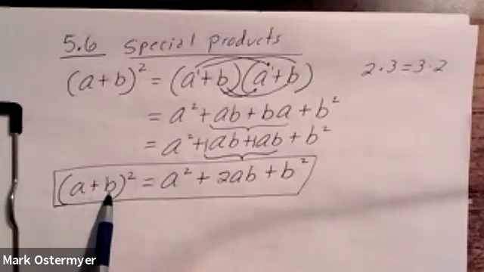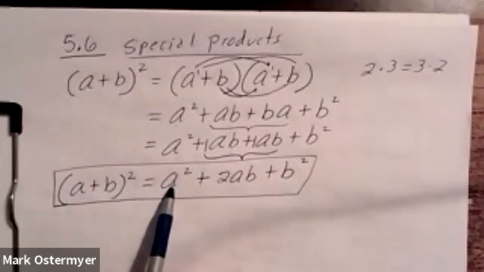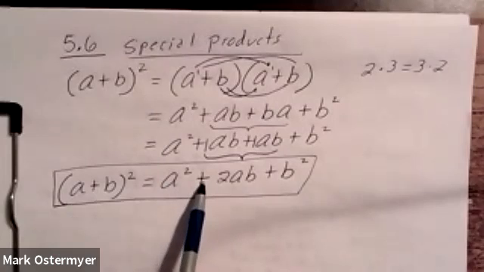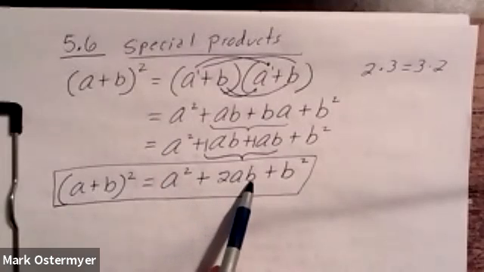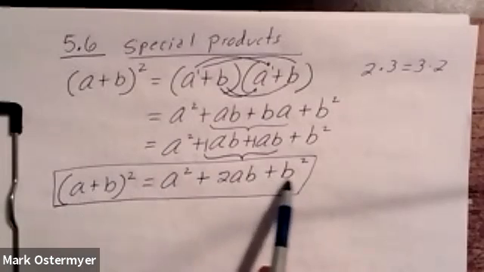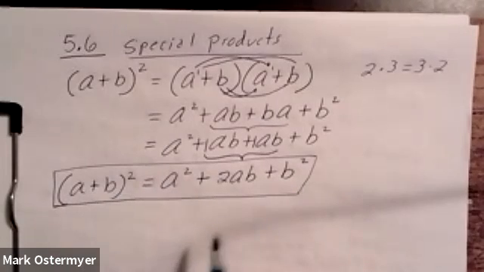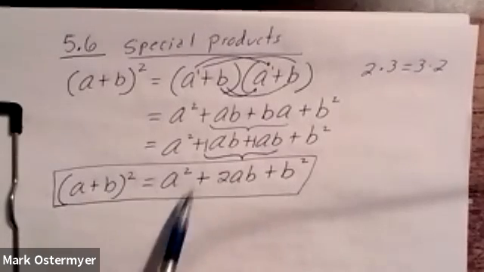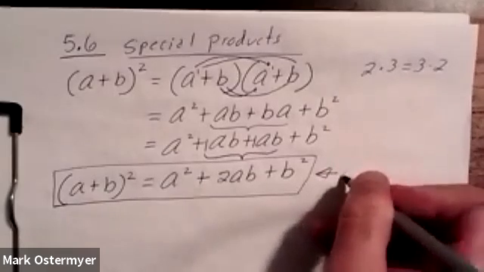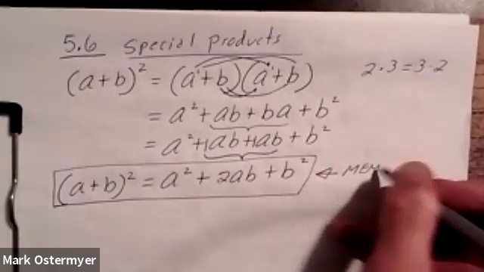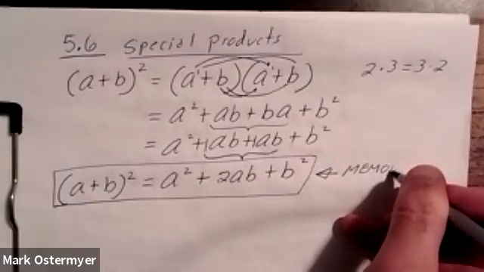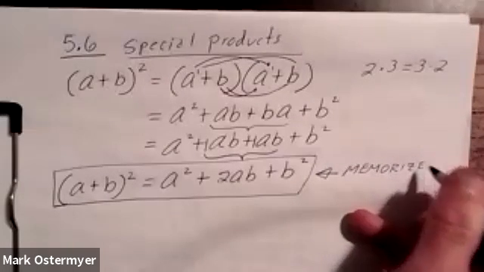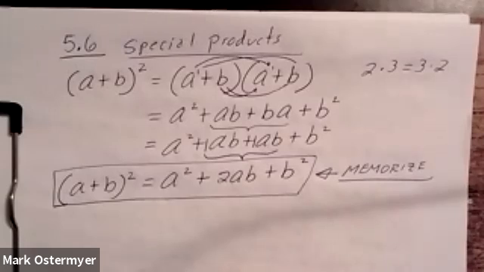Notice when we square a binomial, it's the square of the first term plus 2 times the first term times the second term plus the square of the last term. So this is a pattern that you probably want to commit to memory. That's what I'm saying, ladies and gentlemen. So we want to memorize this.